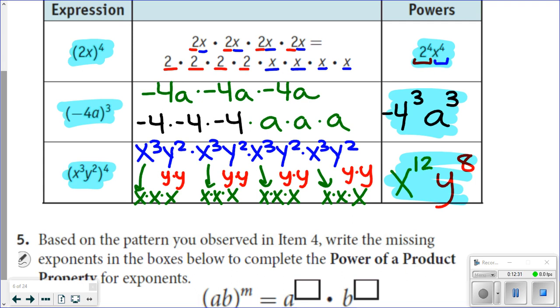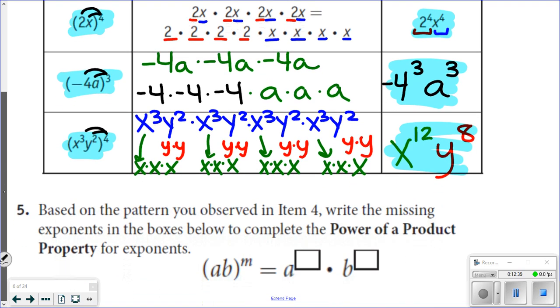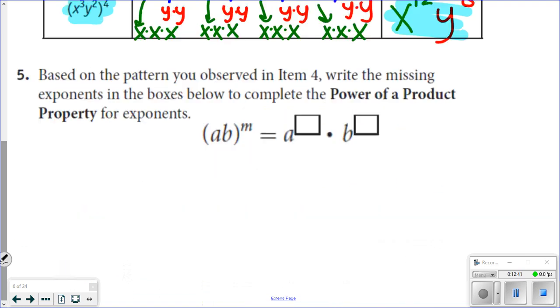So we're taking this exponent and we're distributing it to each base inside the parentheses. So in this little box, it needs to be an M and an M.